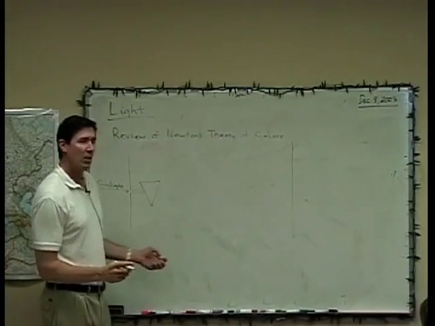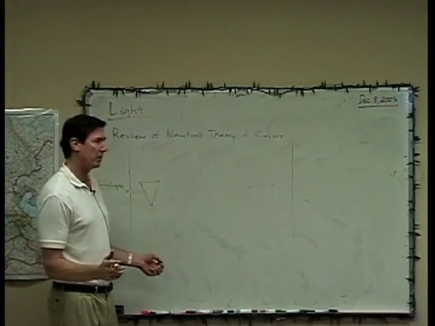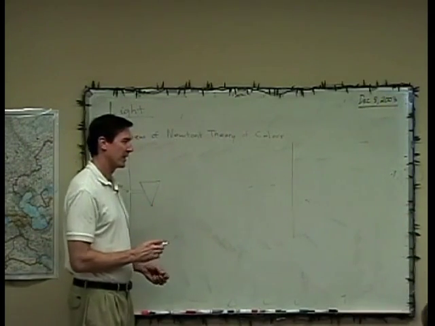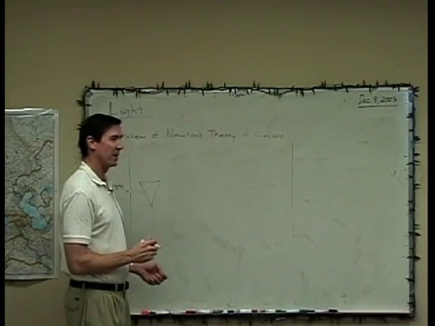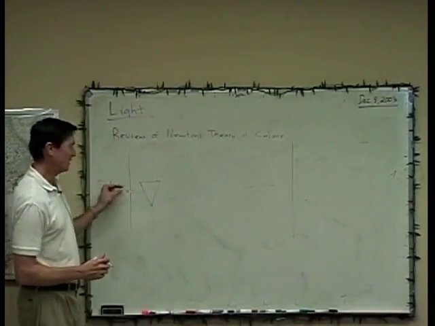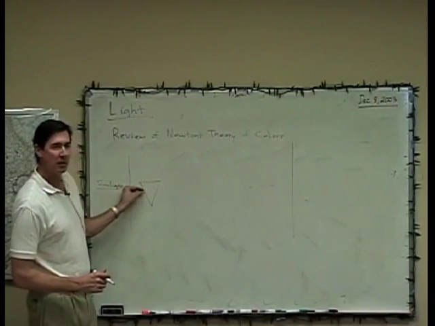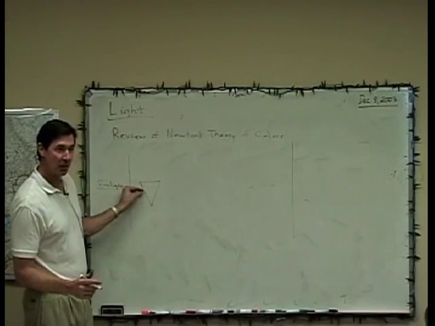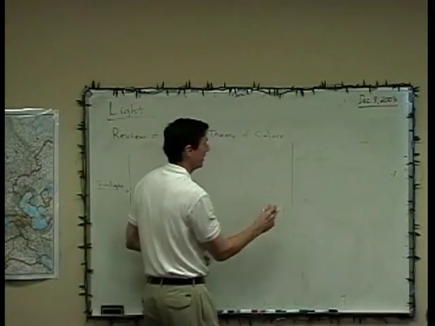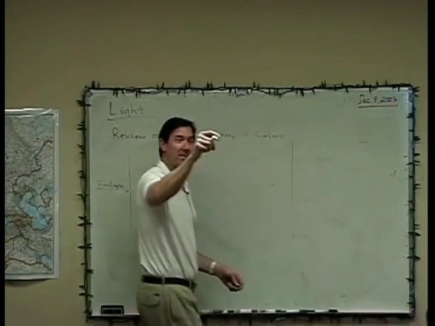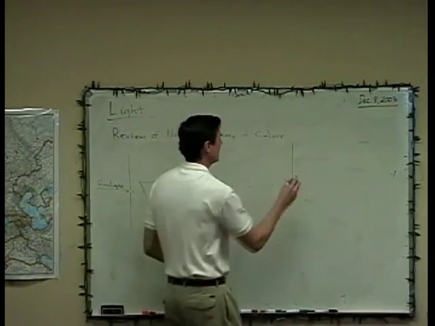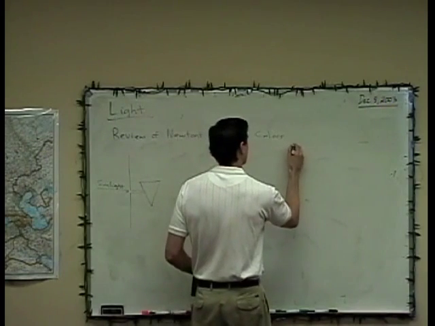Now, who remembers what he sees? Evan. He sees the different colors spread out. Spread out, right. He's got this narrow beam of white light going into his prism. What he sees over here is a... Yeah, exactly. He sees a whole spectrum of colors.